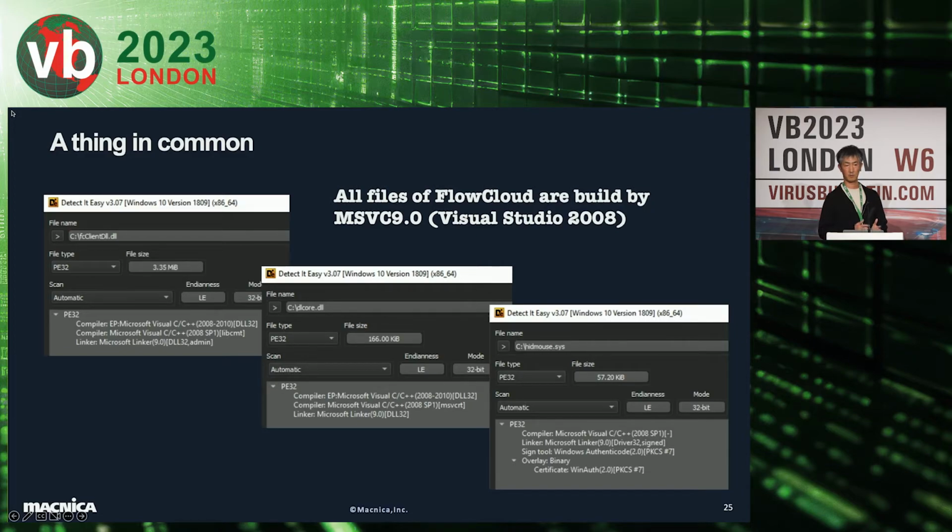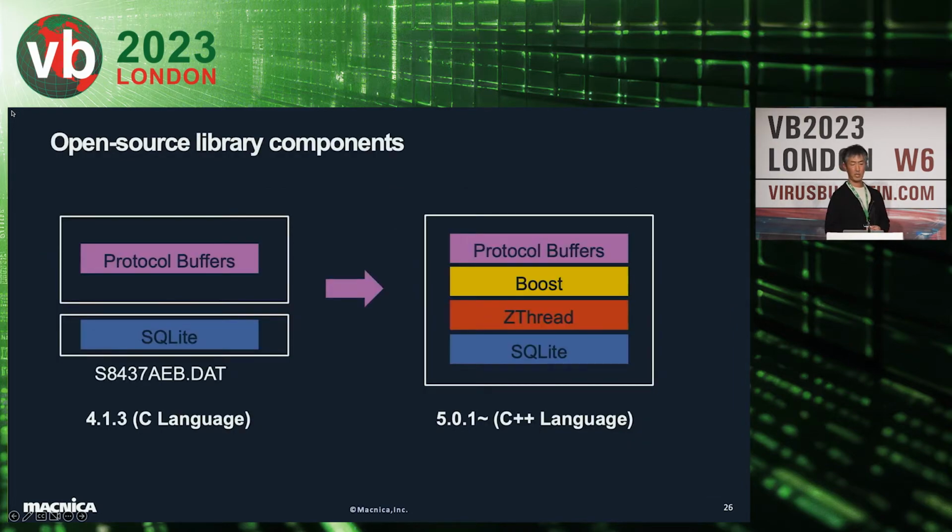Detect It Easy is very useful to identify the file type. And then the open source library components used for FlowCloud. In version 4, protocol buffers and SQLite are used. And in version 5, protocol buffers, Boost, ZThread, and SQLite are used.